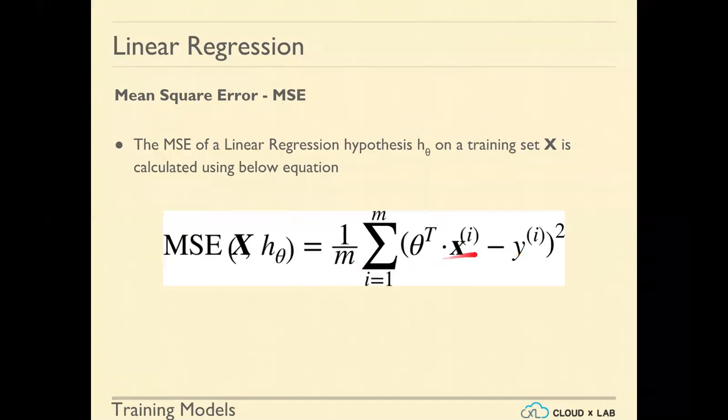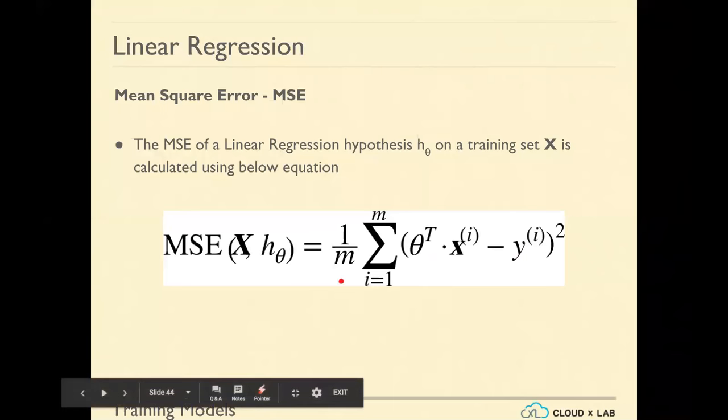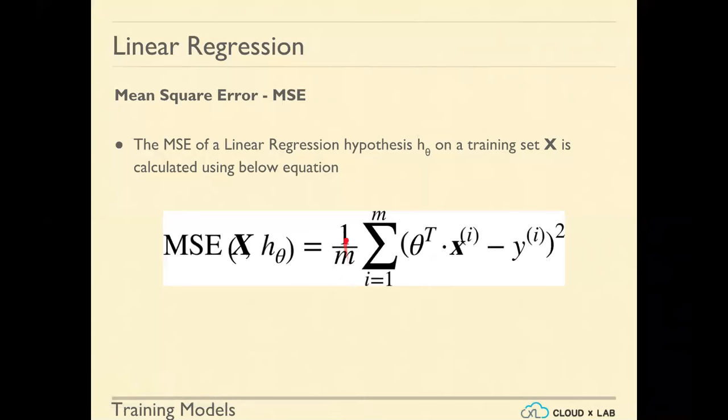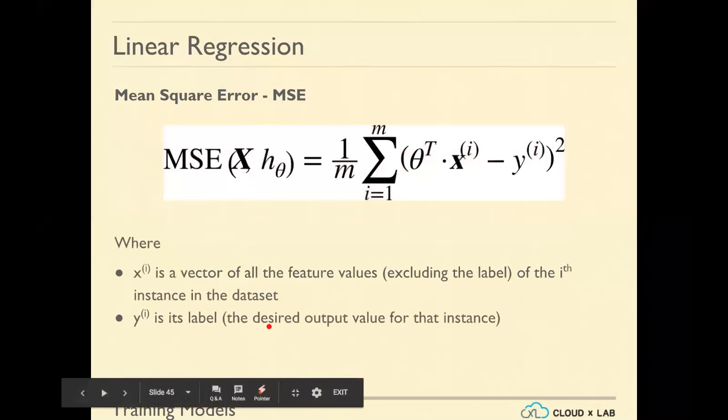Each record, we compute this, and then we divide by m. This is our predicted value in the case of linear regression, and this is our actual value. So (y hat minus y i) squared is the individual prediction's error, and then we do that for all m records. That's our mean square error.